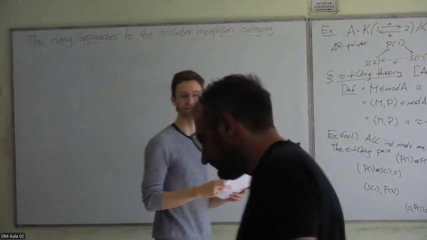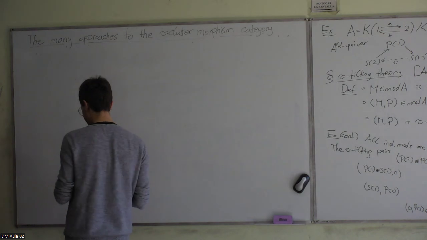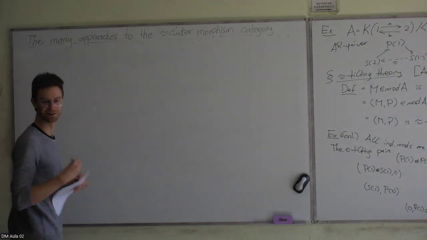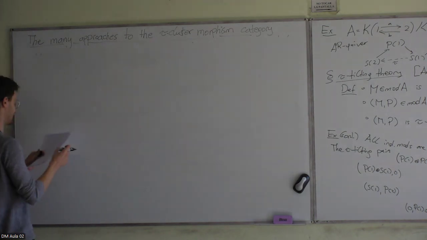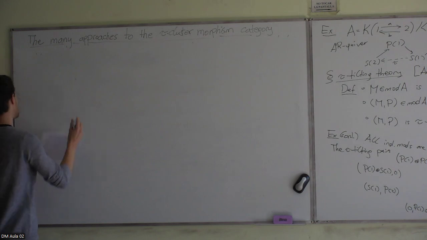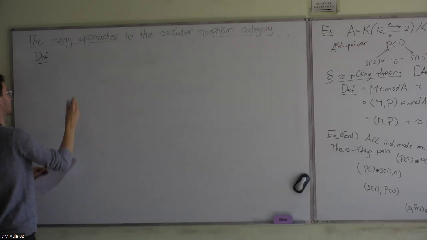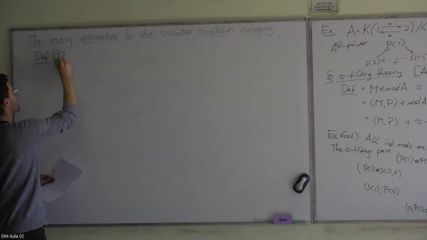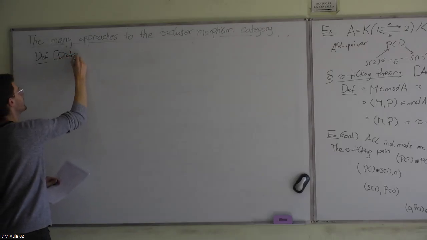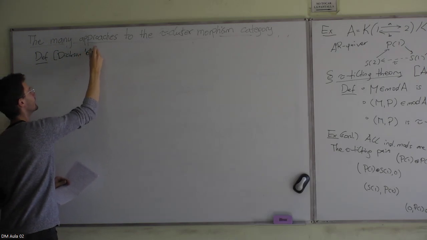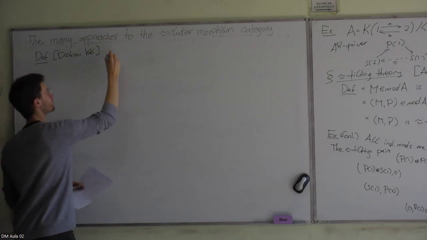Okay. So this is a very basic tilting theory. Now, one very important connection with tilting theory is with the following kind of subcategories. So this definition goes back to Dickson in 1966.